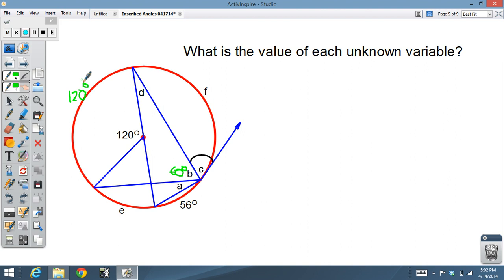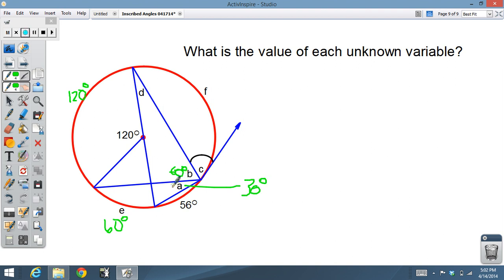Therefore, 120 of them up here, E has to be worth 60 degrees. If E is worth 60, I see that it intercepts inscribed angle A. Therefore, angle A must be 30 degrees. Which would make sense also.